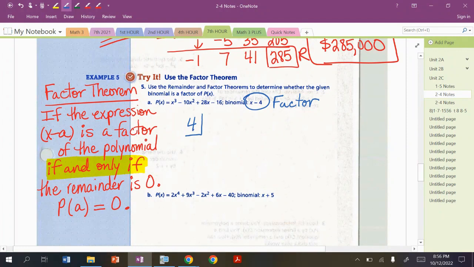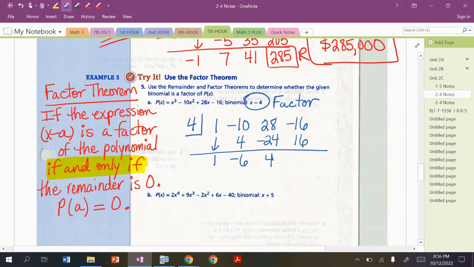That is your solution. So setting up the synthetic division, bring down the 1, multiplying across, add, multiply, add, and multiply. I'm always multiplying by that 4. And this is the remainder. It's 0. So x minus 4 is a factor of our polynomial.